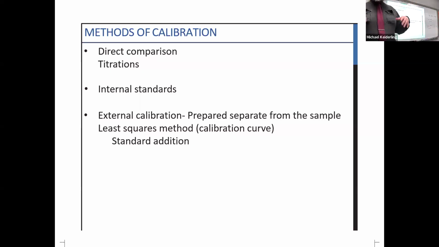And when you feed it into a gas chromatograph, you don't necessarily know exactly how much sample is going in. So by having an internal standard, where the sample you start with has some known concentration of a second material, you can compare to that.